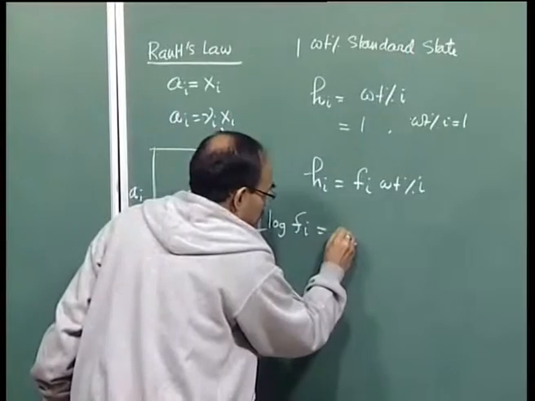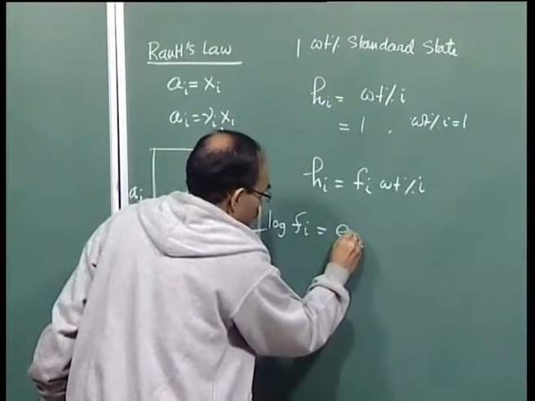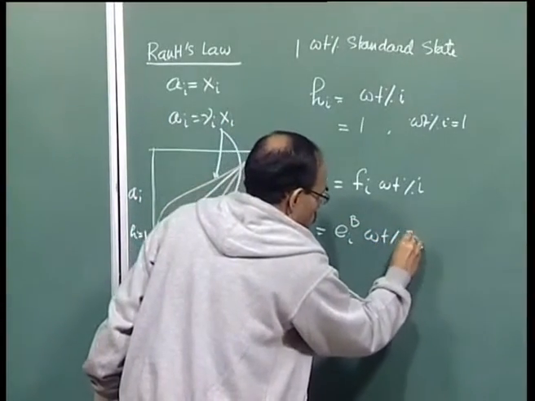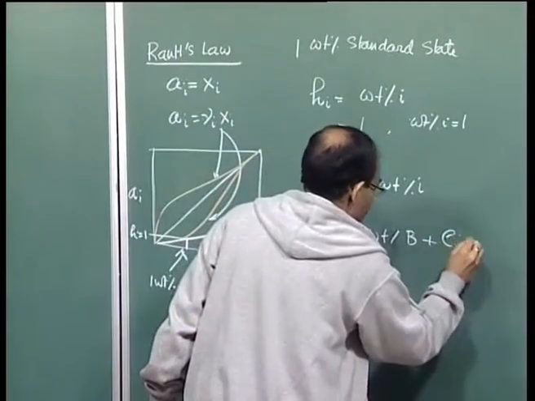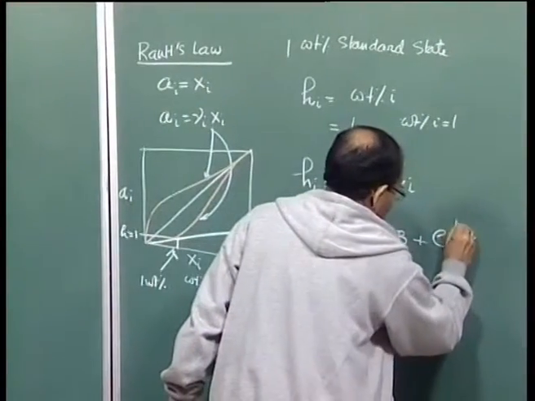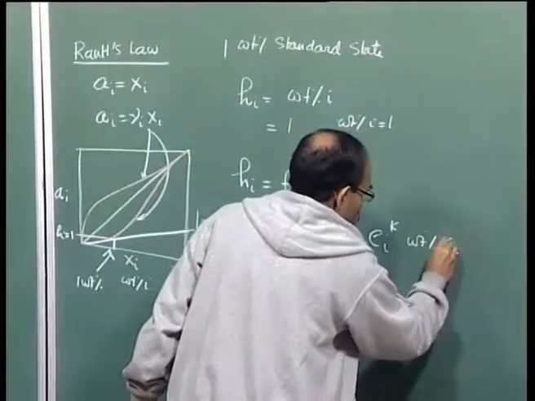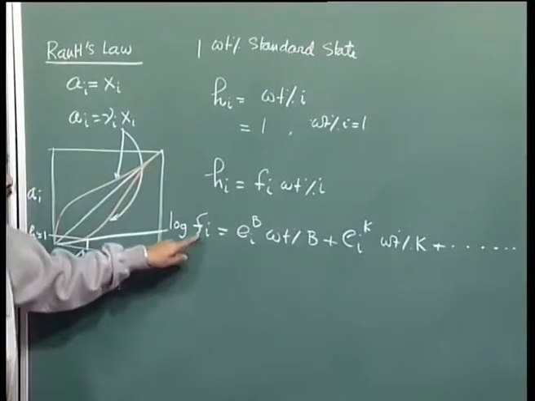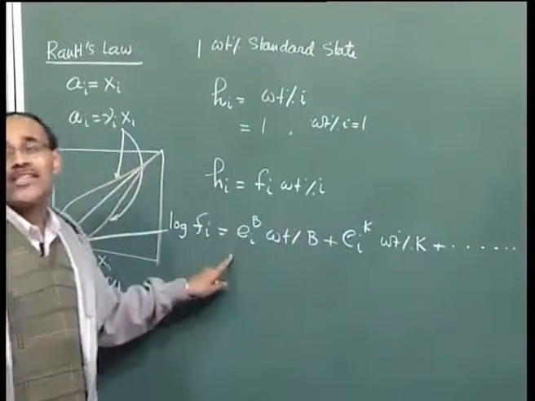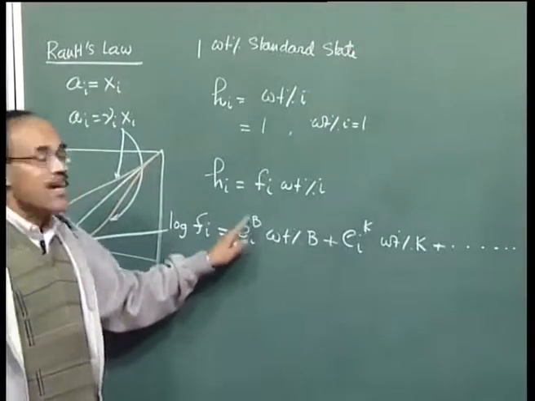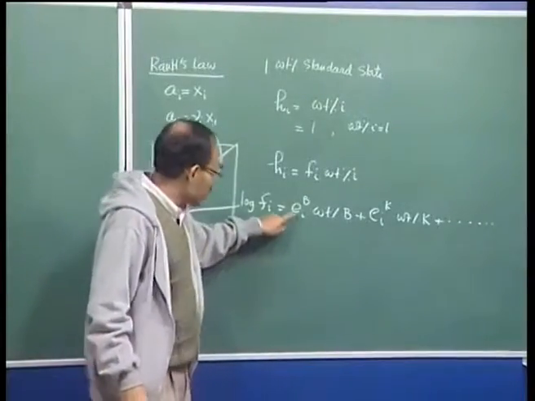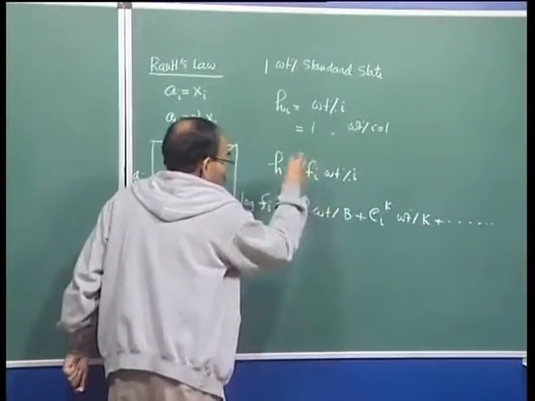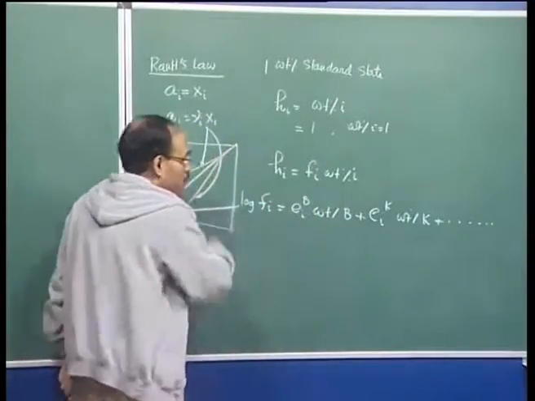For example, we can say that there is one e_i^B into weight percentage B plus e_i^K weight percentage of K. So, this activity coefficient is given in terms of some e_i's which are known as the interaction parameters. Again, these interaction parameters are tabulated in thermodynamic books. This tells us e_i^B into weight percentage of B. So, therefore, it essentially tells us the influence of B on the activity coefficient of i.